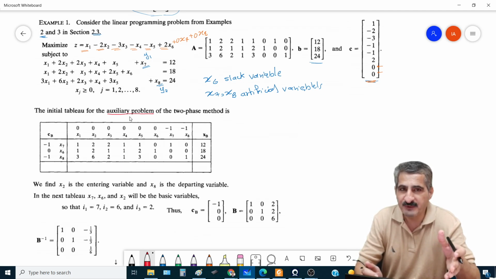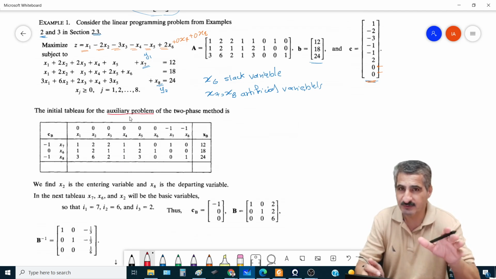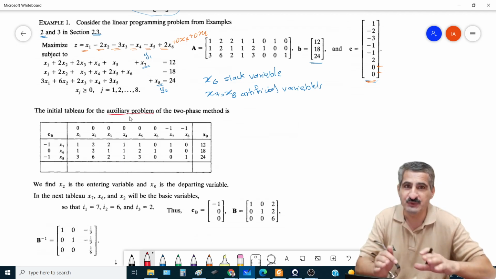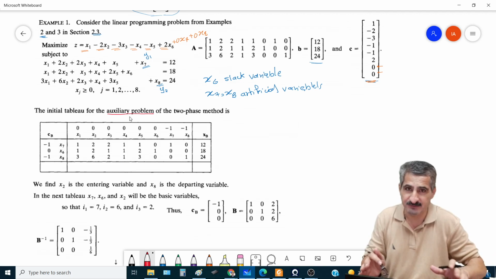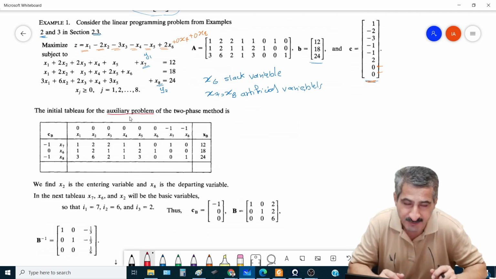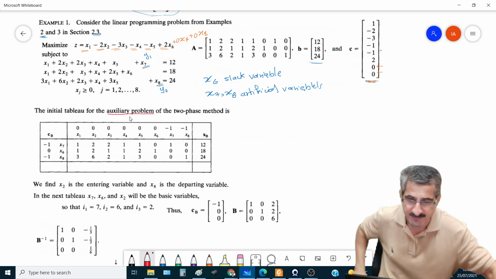At the end of phase one, we get a table that we will use to obtain a starting table for phase two. Remember that? The idea of phase one is to get rid of the artificial variables as basic variables. We don't want them to be basic variables anymore. This is at the end of phase one.